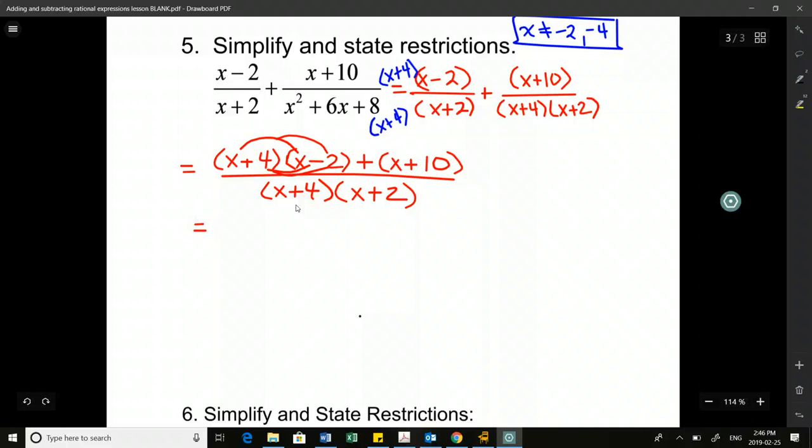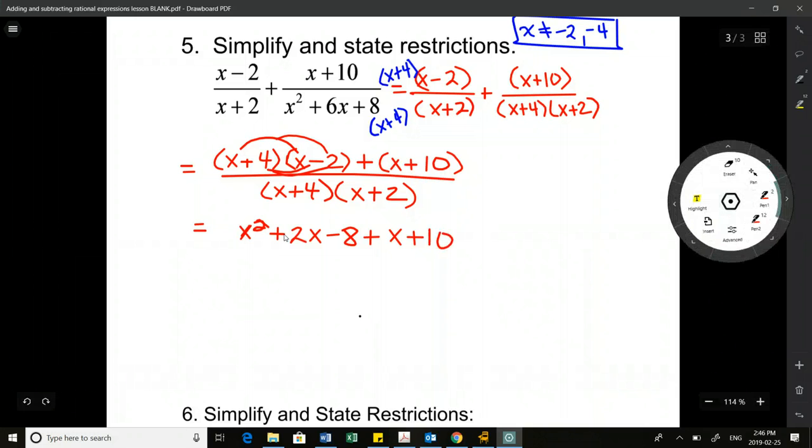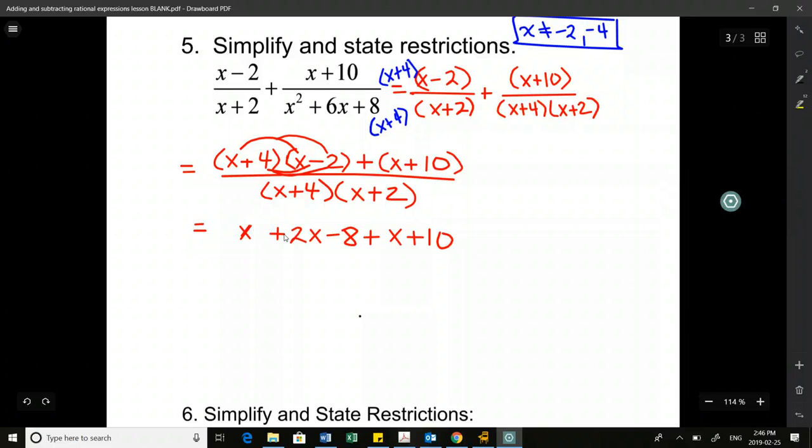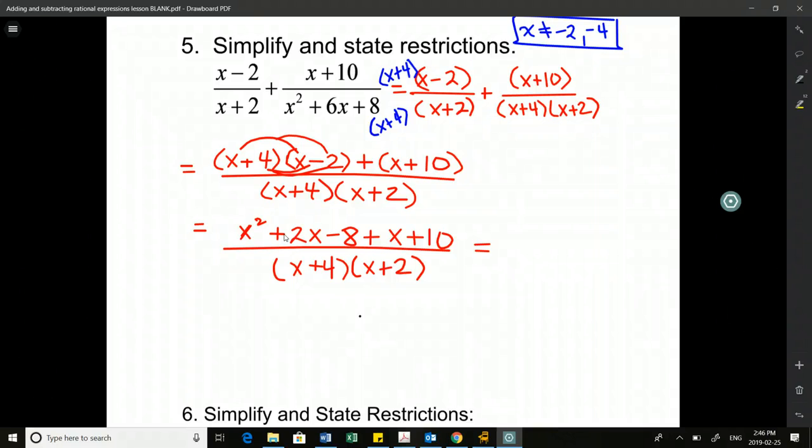So we can just drop the brackets on that guy. And then all over x plus 4, x plus 2. Simplify like terms.